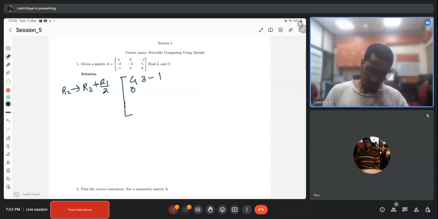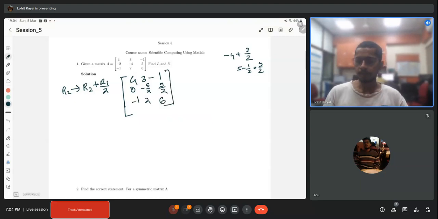So R2 plus R1 by 2: minus 4 plus 3 by 2 minus 8, so it is minus 5 by 2, and 5 minus half is equal to 9 by 2. So this will be 9 by 2, and minus 1 2 6.